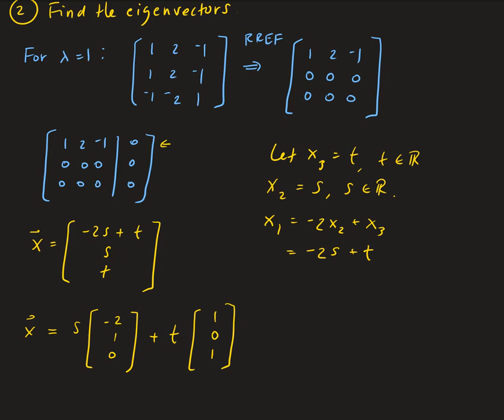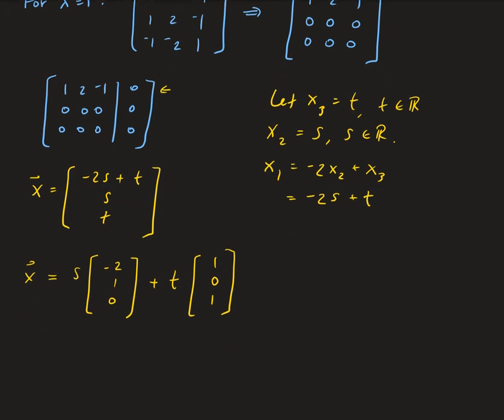So the basis for the eigenspace for lambda equals 1 is going to be this vector and this vector.